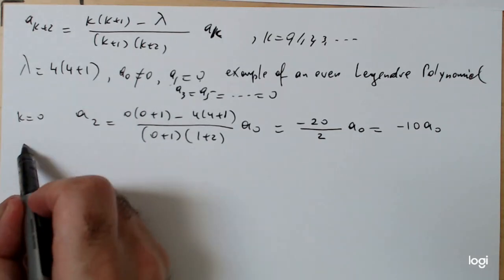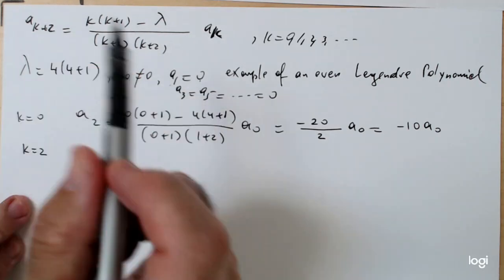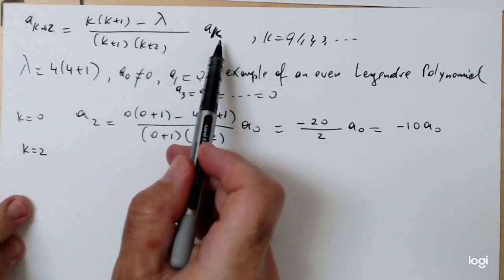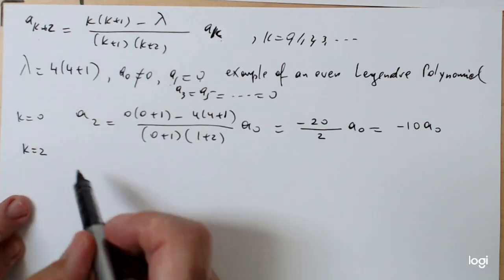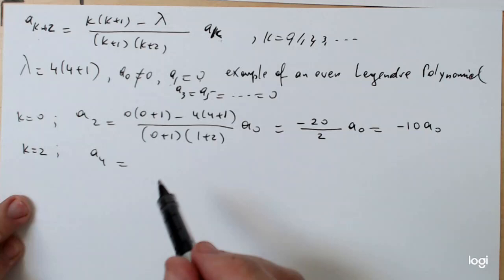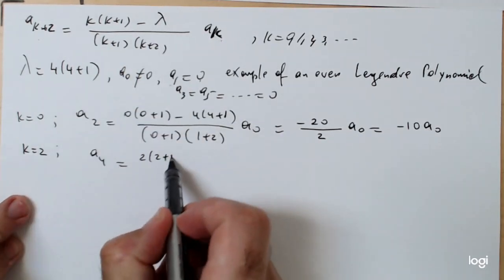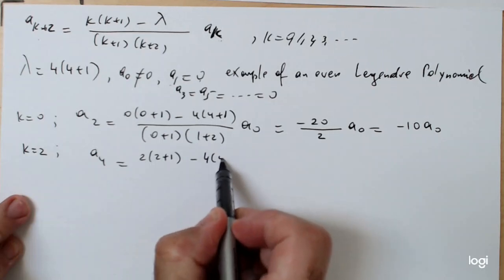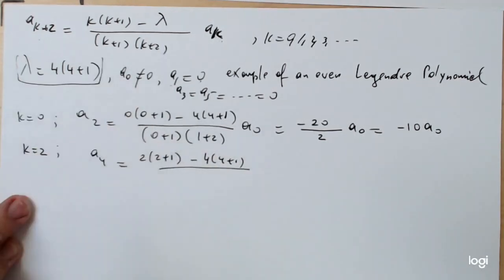And next one is k is equal to 2. Remember, recursion is 2 steps ahead. So once I know a2, I plug in 2 for k, and I'm going to obtain a4. All right, move along. a4, if k is equal to 2, go back to the recursion. That's 2 times 2 plus 1 minus 4 times 4 plus 1. Right, that's lambda. That's fixed.